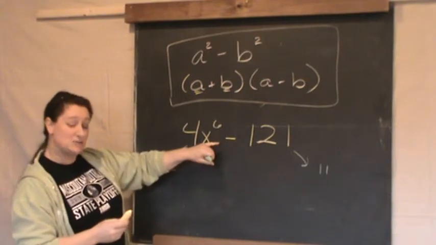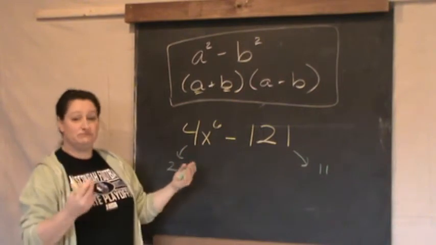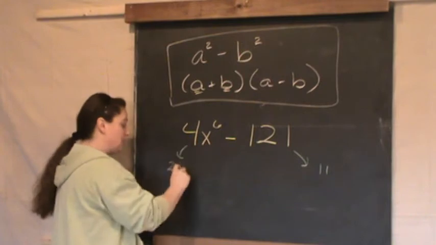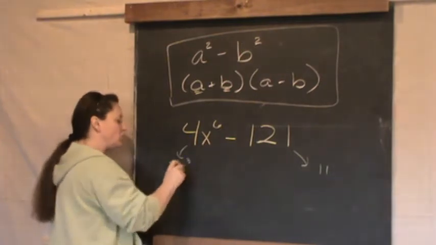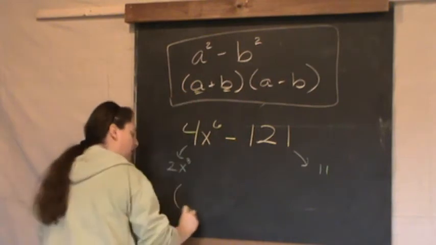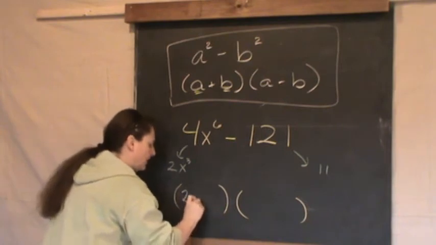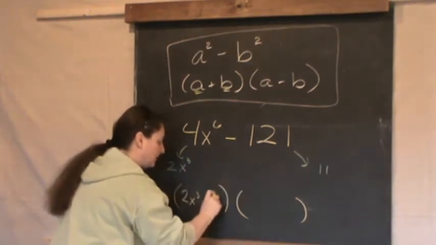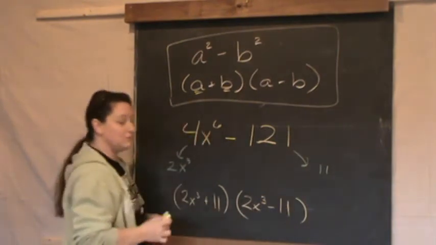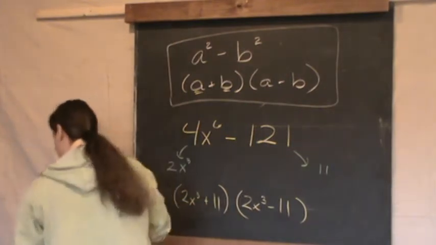Well, one of the things Mr. Bosch pointed out was when that's an even number, that meant it could be split into two equal pieces. 6 divided by 2 is 3. So that means 2, the square root of 4, x cubed is our a piece. So this factors into 2x cubed plus 11 and a 2x cubed minus 11. Okay? Difference of squares.